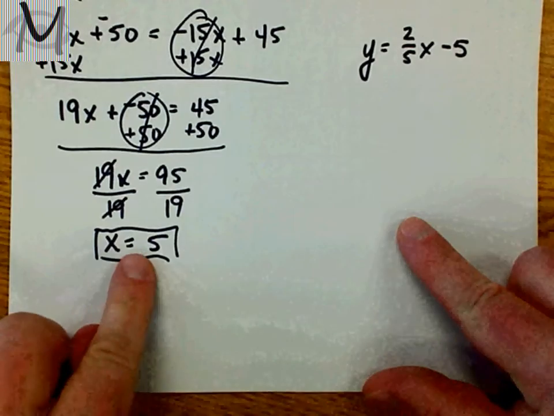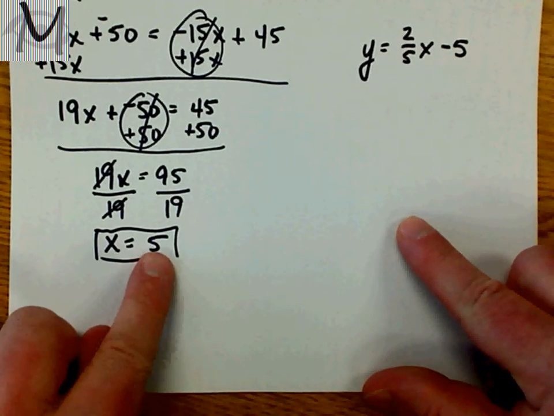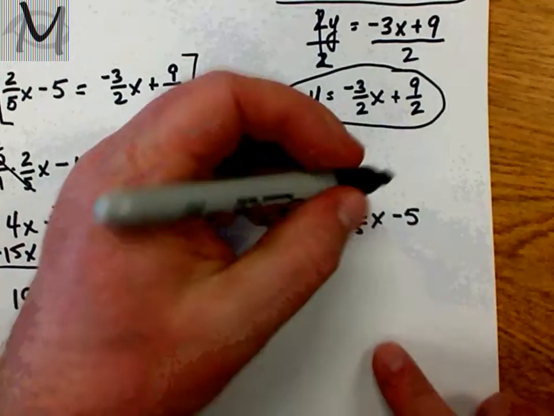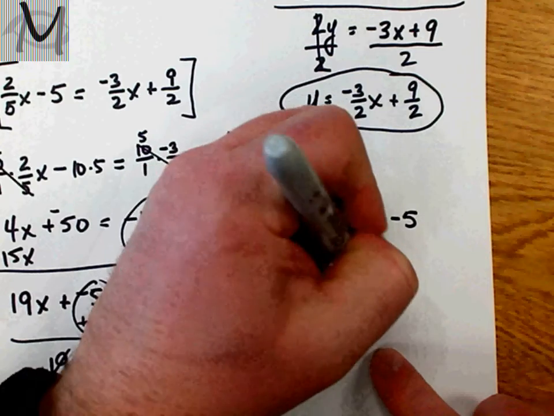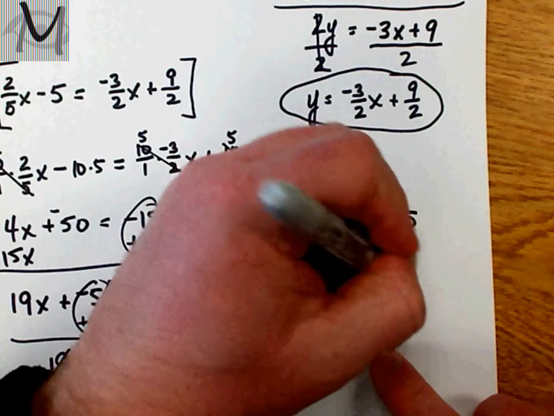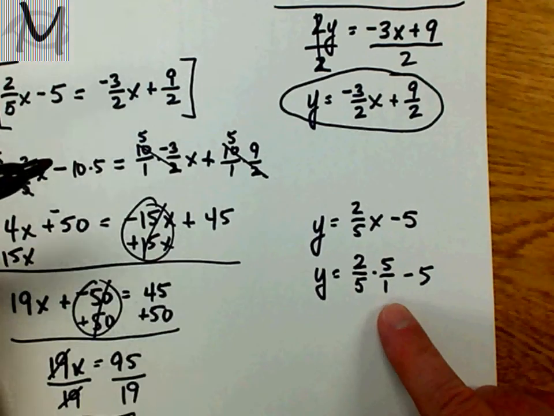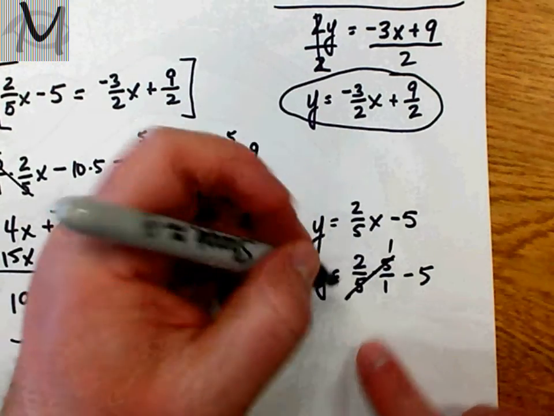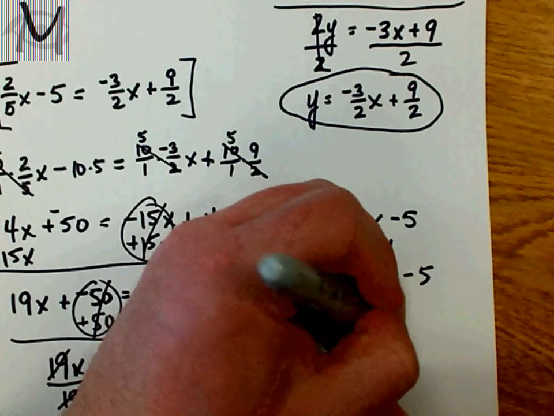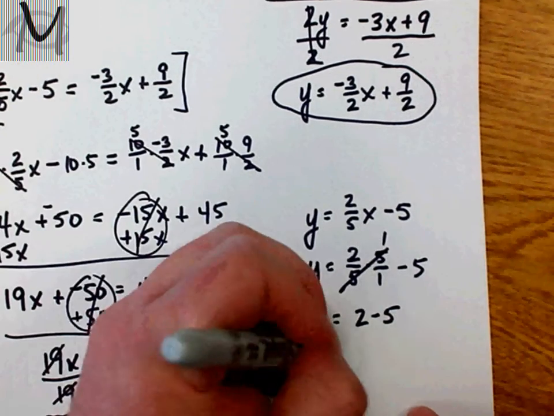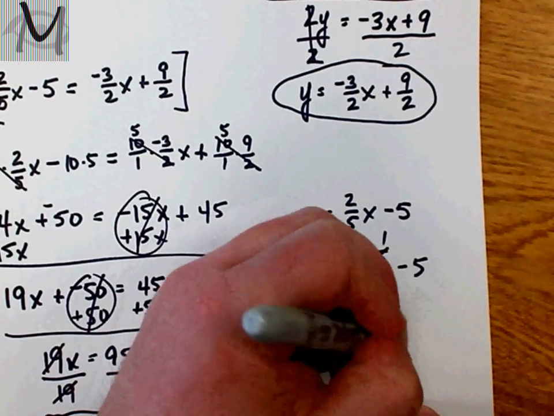I already have x equaling 5, so I can come up to here and go 2 fifths times 5 over 1. So I plug in 5 for x. The 5s cancel, and I get y equals 2 minus 5, which is y equals negative 3.